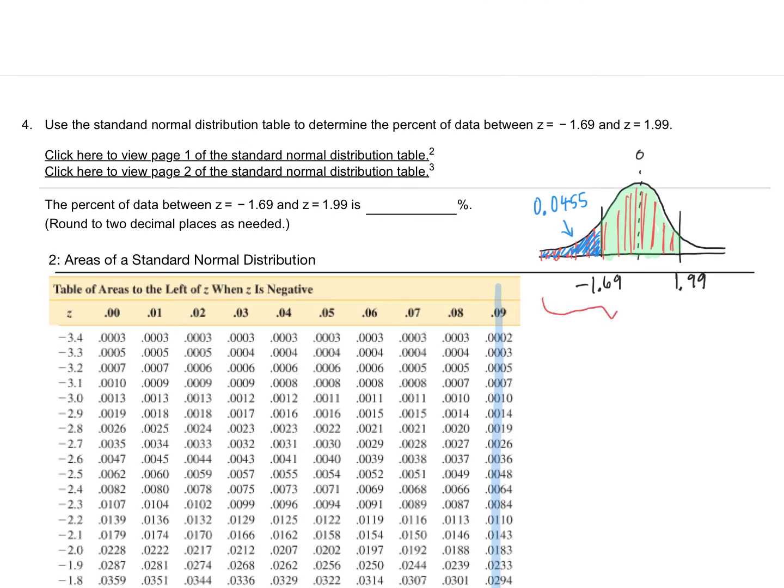So it's all of this. 0.9767 is the area all the way from the left all the way to 1.99.